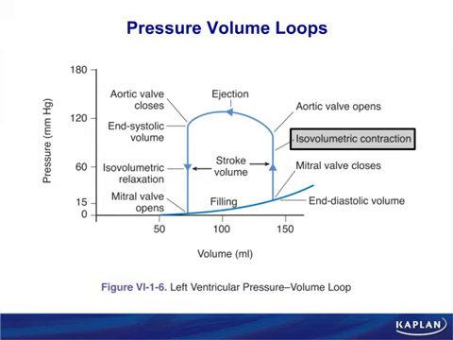Notice no change in volume, but pressure's going up. We are pressurizing. Next phase of systole is ejection. So the loop is going to the left, which means a decrease in volume. We are reducing ventricular volume as we eject.